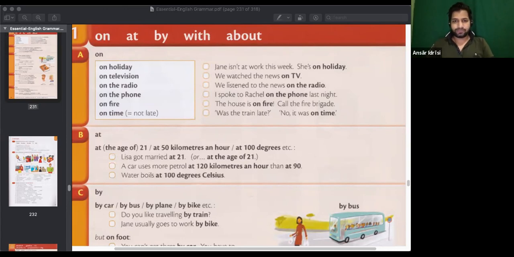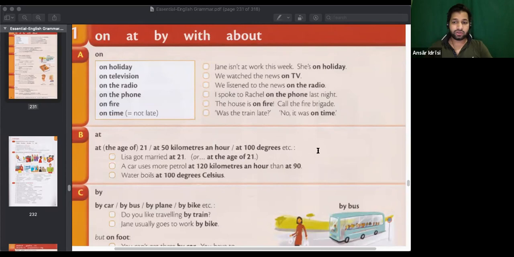Point number one: we are going to use in for, on for, at for ideas, emotions, activities, state of minds, etc. The same for on and the same for at as well.